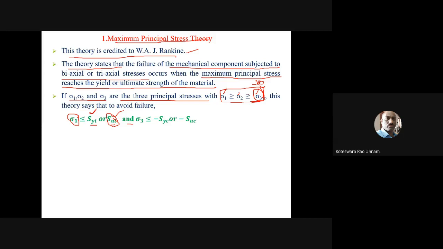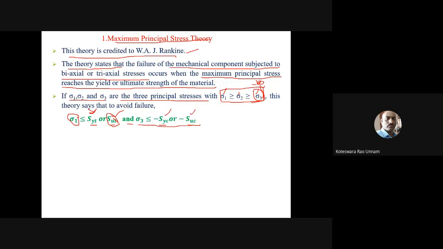If this negative stress is the maximum in magnitude, then I have to use the other criterion also. If I want to design only for tensile strength, but here the negative stress is going to be the maximum, then I need to design based on the compressive strength also. It need not be only on tensile strength. I need to consider the compressive strength also.